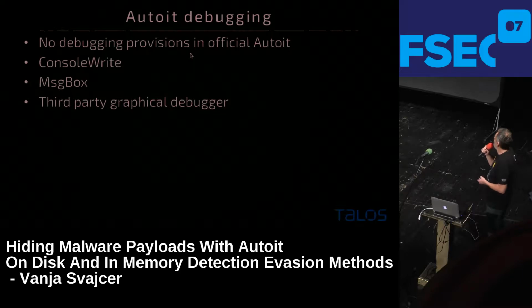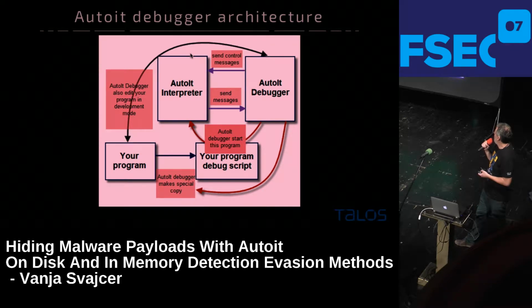The other useful tool is the debugger, and as I mentioned, there's not really an official provision for debugging within Autoit, but somebody created a graphical debugger that basically from your own script creates an instrumented Autoit code, then uses communication to communicate with the debugger, which communicates with the Autoit interpreter.